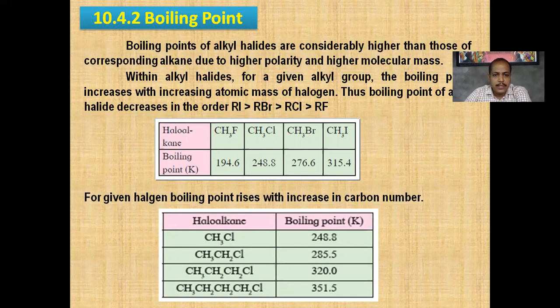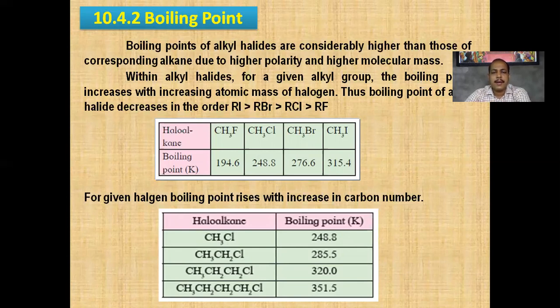Now we see within the same type of alkyl halides, meaning if we have replaced one hydrogen of methane by fluorine, chlorine, bromine, iodine, then we get methyl fluoride, methyl chloride, methyl bromide and methyl iodide. Now within alkyl halides, for a given alkyl group, boiling point increases with increasing atomic mass of the halogen. As we saw in the bond length, the same is repeated here.